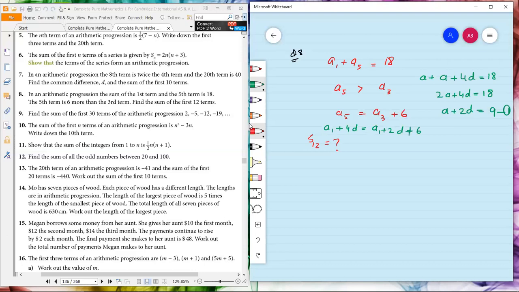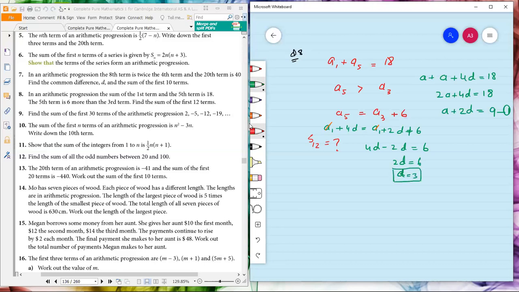A on one side will become 0, or you can simply cancel a and a. And then 4d minus 2d is equal to 6, so 2d is equal to 6, and d is equal to 3. So this is the answer for d.